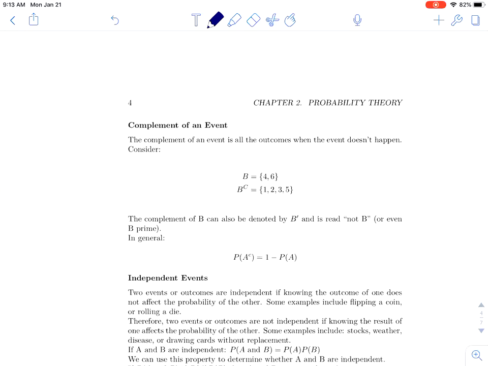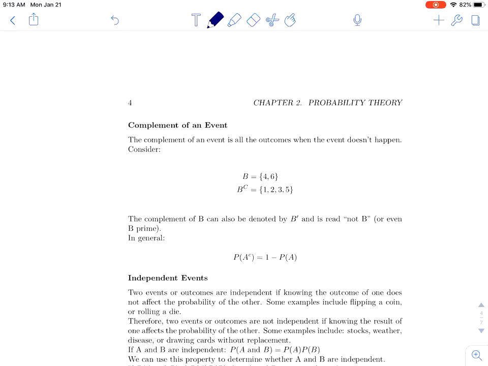Let's talk about the complement of an event. Hard to say. The complement of an event is essentially the opposite of the event. So for example, if B is the event of rolling a 4 or a 6, then the complement of B is everything where I roll anything but a 4 or a 6.